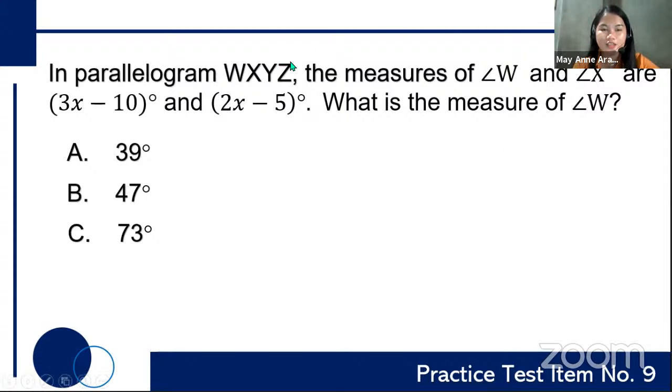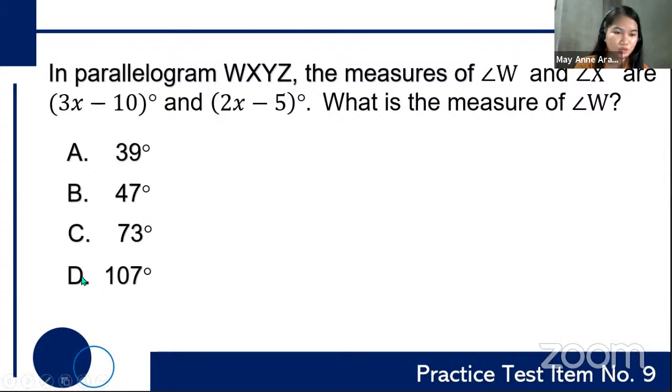Okay, we have here W and X, diba? And you can say that they are what? Adjacent angles. And the sum of adjacent angles of a parallelogram are supplementary, so their sum must be equal to 180 degrees. So what will be the measure of angle W?